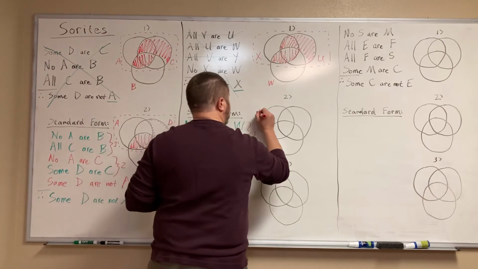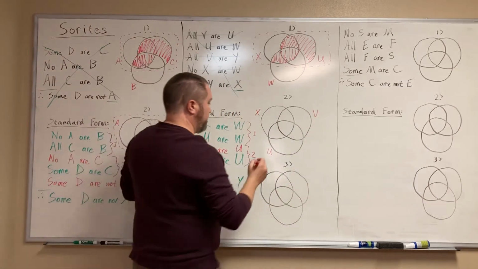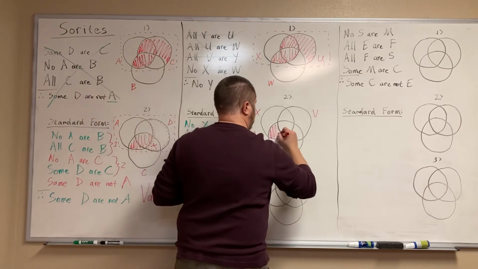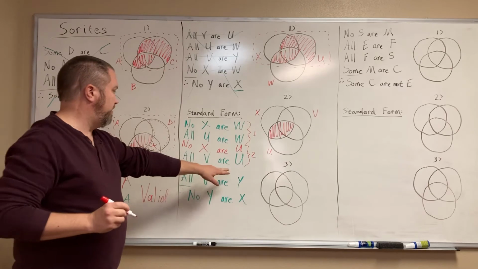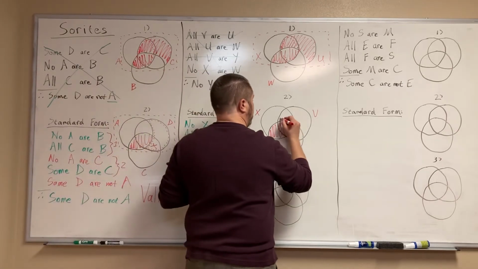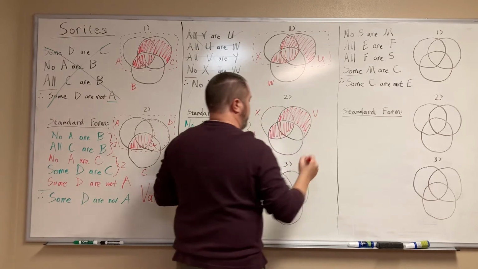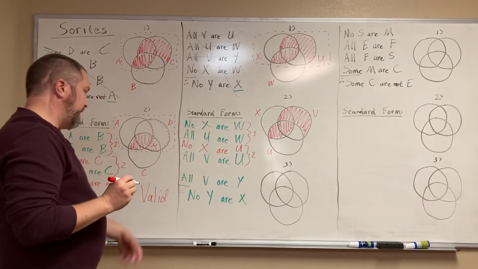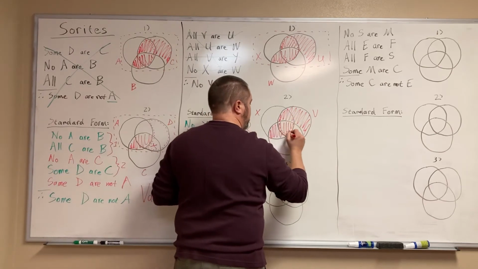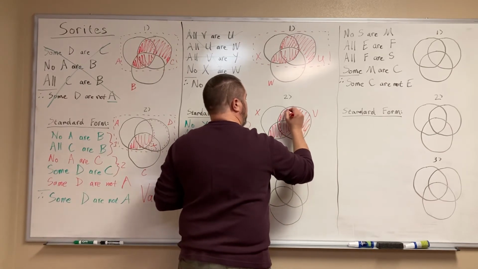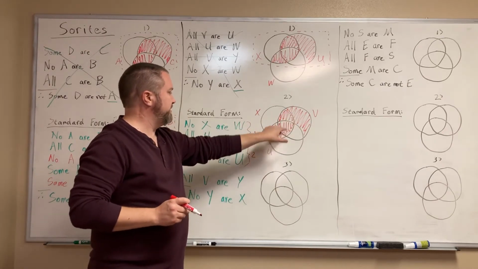Then X and V. No X are U. We're going to shade out this football between X and U. All V are U. It's kind of looking like the same. Shade out that top right crescent. And just like we did above, we can notice that we've shaded out between the two premises.